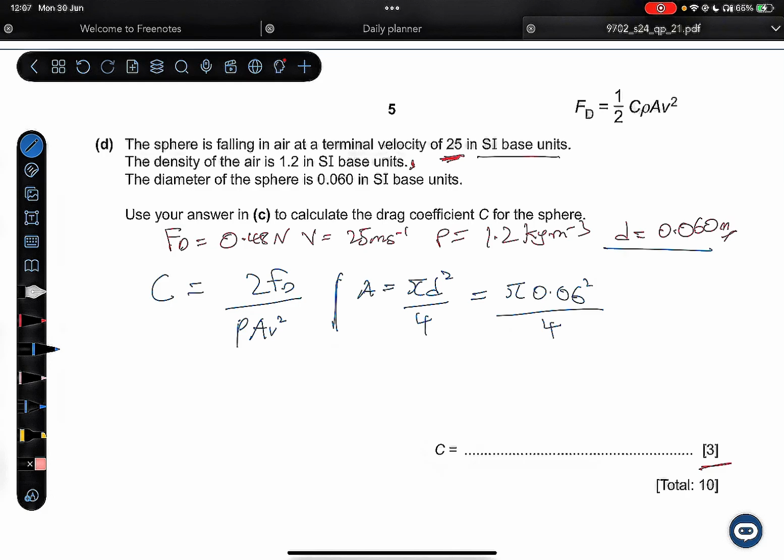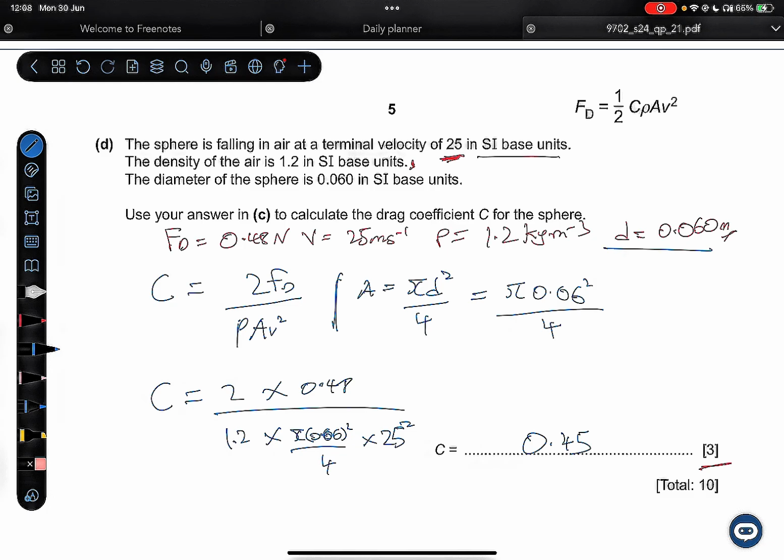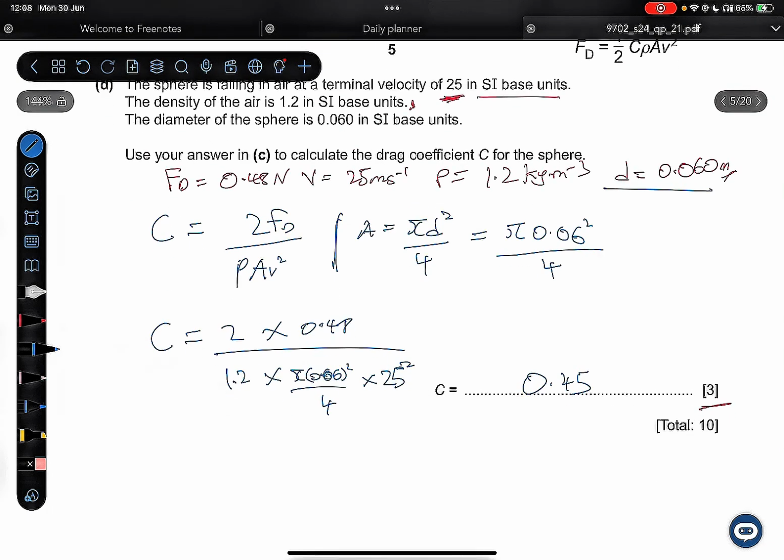You can input this and then basically you find C, put it in your formula: 2 times 0.48 all over 1.2 times pi 0.06 squared over 4, times v squared, v being 25. When you input everything into your calculator, you get your C as 0.45. Remember, C has the units from the initial part of the question. And with that, we are done with question 1.